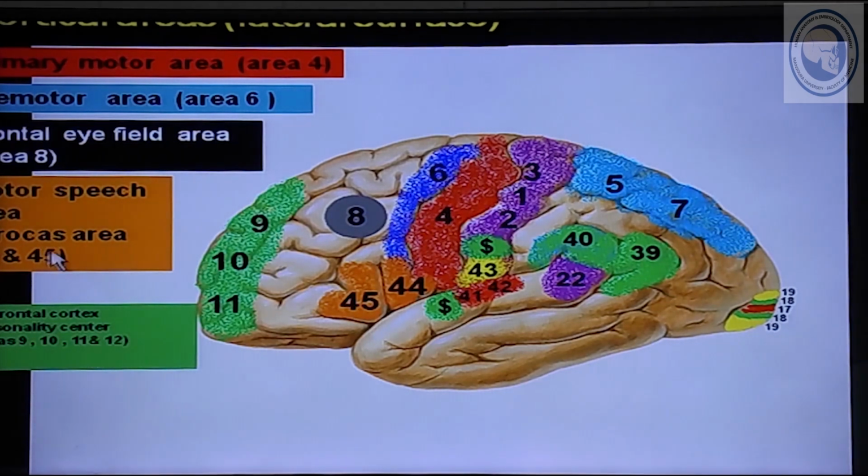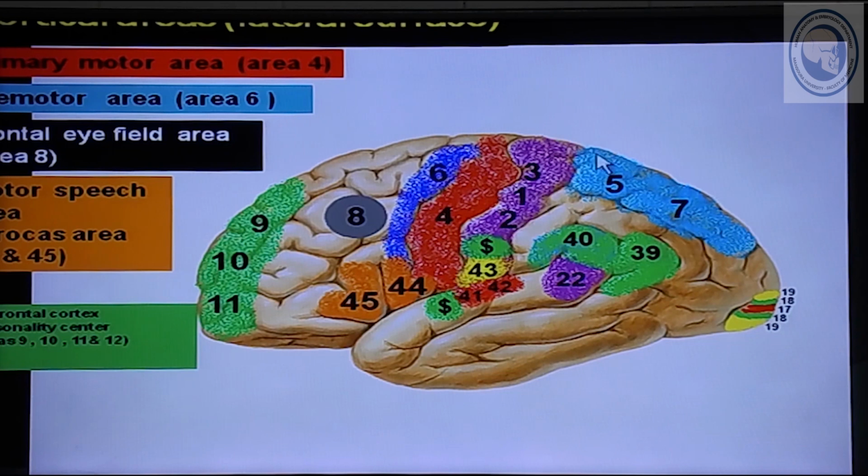Broca's area. It is represented in the opercular gyrus and triangular gyrus. It is areas 44 and 45. So the frontal lobe contains the motor areas 4, 6, 8, then 9, 10, and 11, and finally Broca's area, areas 44 and 45.